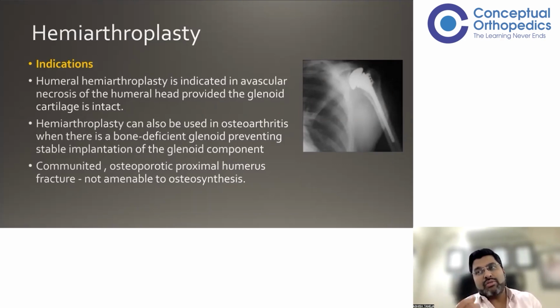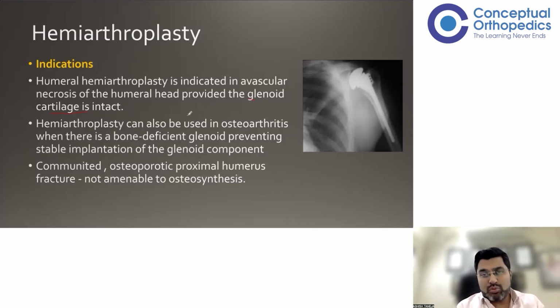Just because it is not weight bearing, we can expect hemi-arthroplasty to do well in shoulder, because the glenoid will not be affected that much. So hemi-arthroplasty can be considered for patients of AVN in which the glenoid is still intact. This is very important, that head may be deformed, but the cartilage is intact. You can consider hemi-arthroplasty.